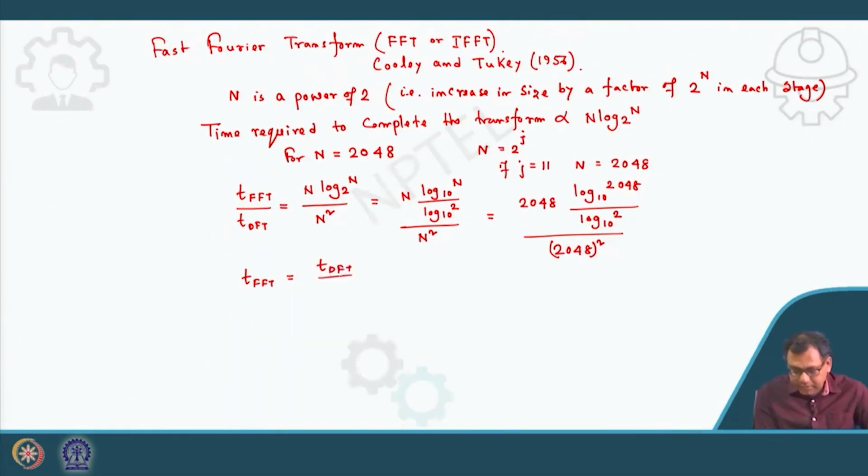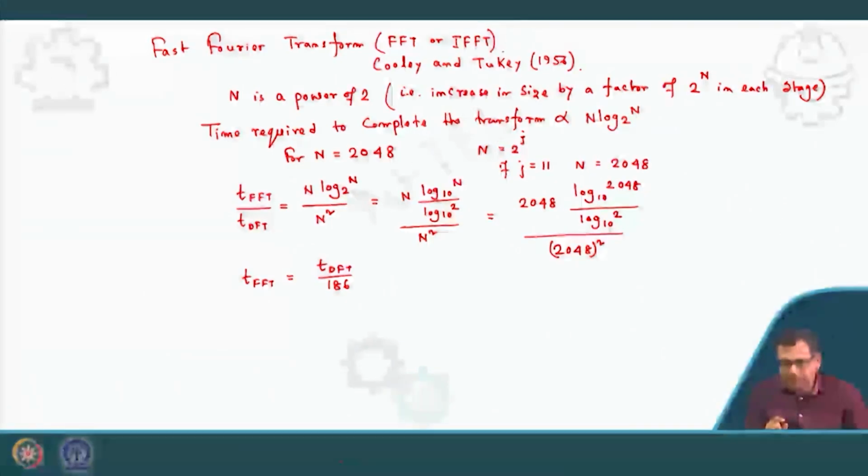T DFT divided by 186. So that means, if n equal to 2048, then the time taken to complete the transform by fast Fourier transform is around 186 times lower than the time required to complete the transform by discrete Fourier transform.